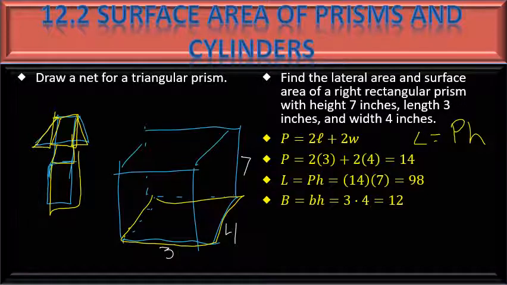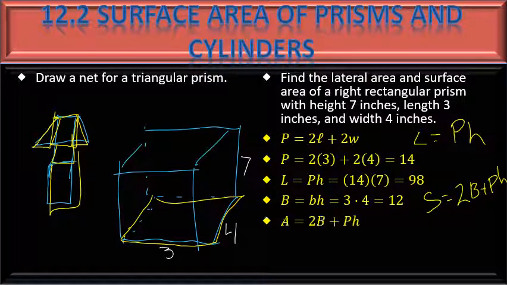The surface area is 2 bases plus the lateral area. So the base area, the base of this is a rectangle, and its area is base times height, or length times width, so it's 3 times 4, or 12.